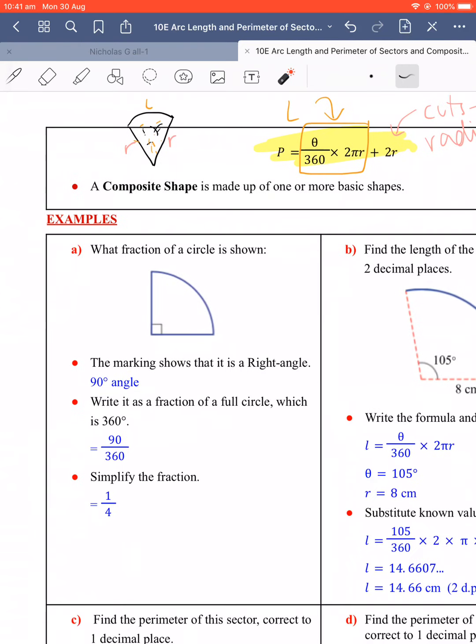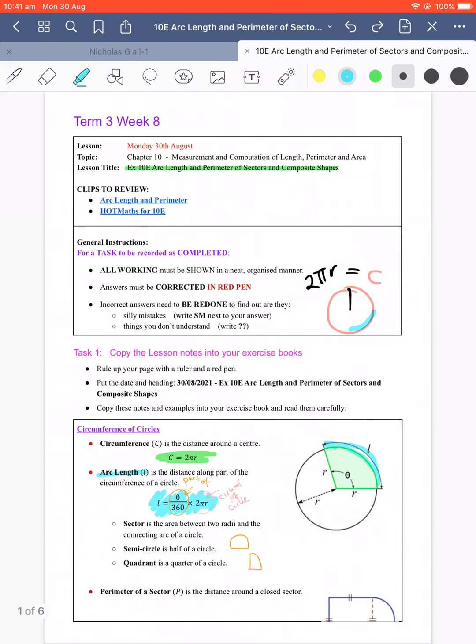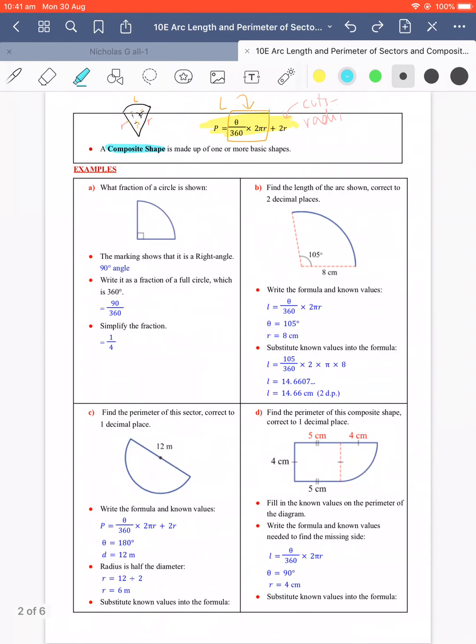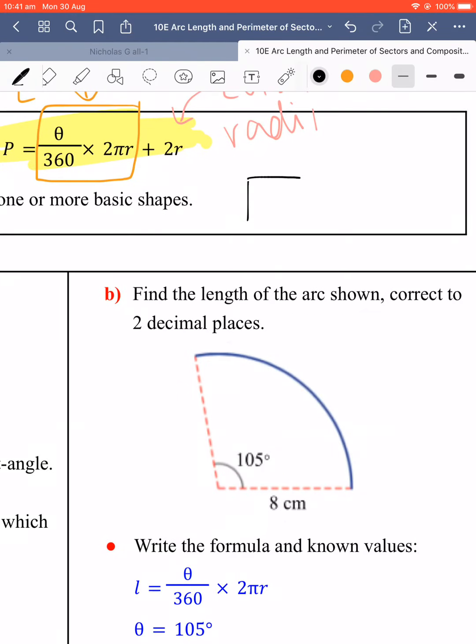We also have these things called composite shapes. Composite shapes are really important too, because that's what the majority of things are actually made up of. They're not normal squares, they're not normal triangles or circles. So a composite shape is something a little bit like this. We could have something made up of a rectangle and then a circle attached to it.